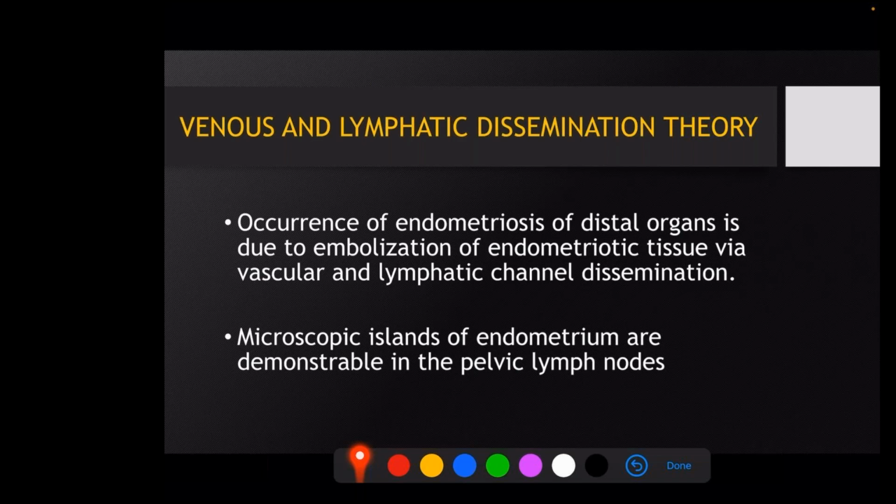In supportive evidence, microscopic islands of endometrium are seen in the pelvic lymph nodes in a high proportion of endometriosis cases. So, this is supportive evidence for venous and lymphatic dissemination.